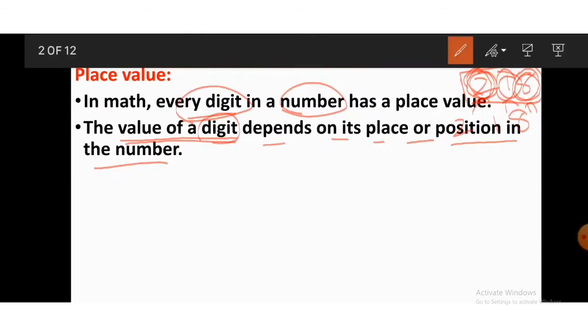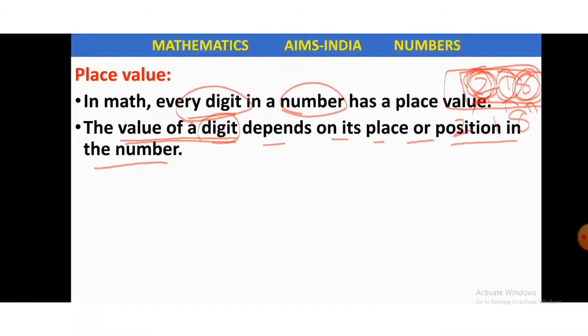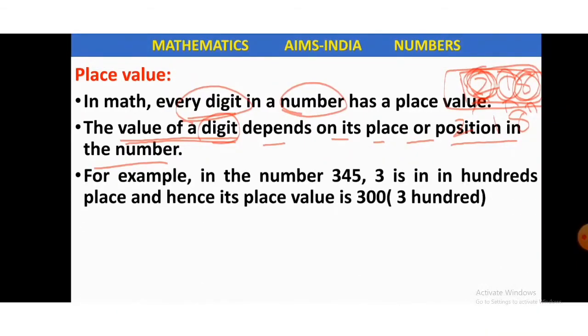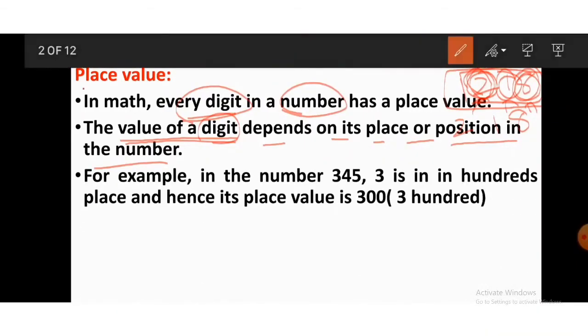Yes, the value of a digit depends on its place or position in the number, which is called what? Place value. See, value depends on place. Value depends on place, hence it is called place value.